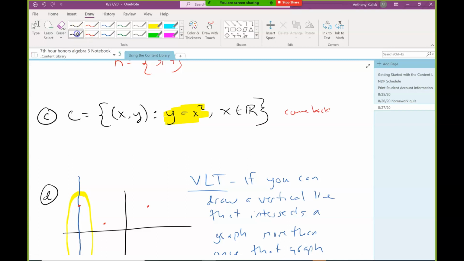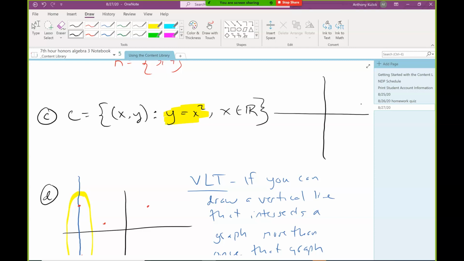Does anybody recognize the shape of the graph that equation would give us right off the top of their head? Well, I heard somebody say it. Parabola, right? It's going to look like a U.